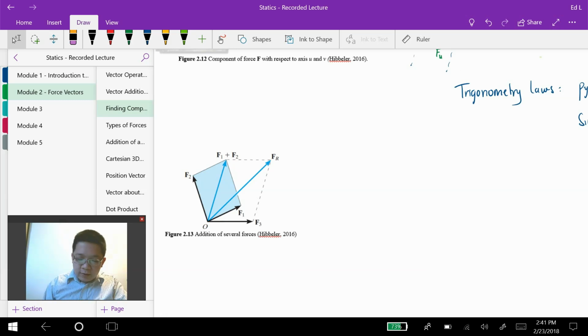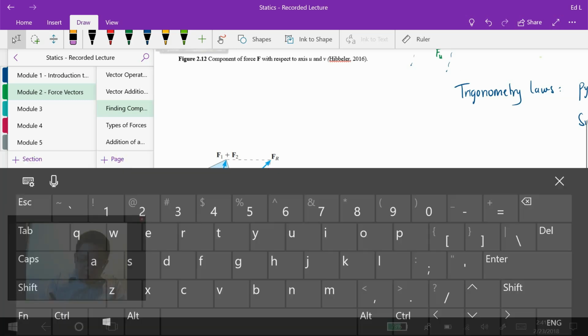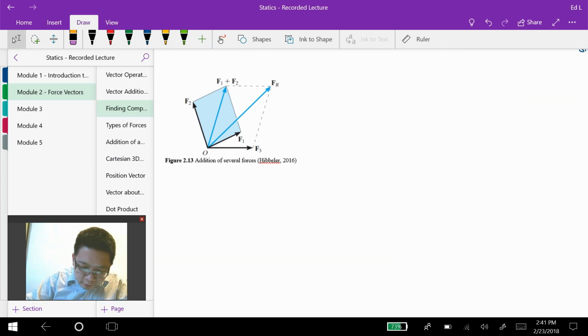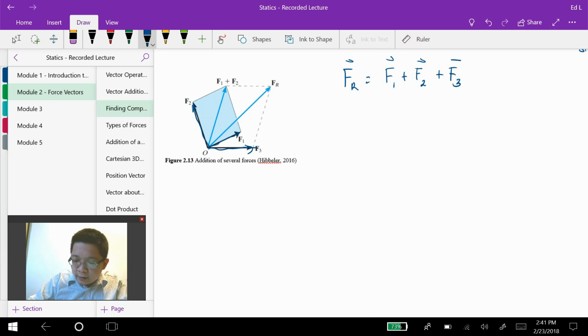For example, in here I have vectors F1, F2 and F3, and I would like to calculate FR as F1 plus F2 plus F3. So what can you do?